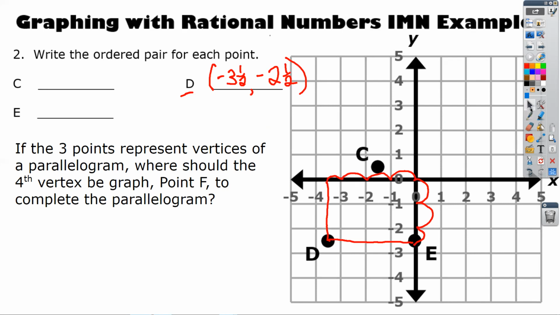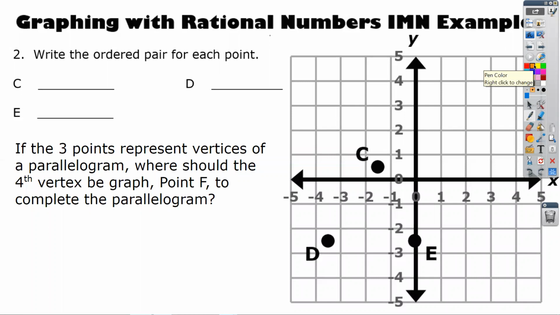So I want you to take a couple seconds now and figure out what letter E is. All right, let's try E. So again, put your marker on E, draw a line to your x-axis, and draw a line to your y.